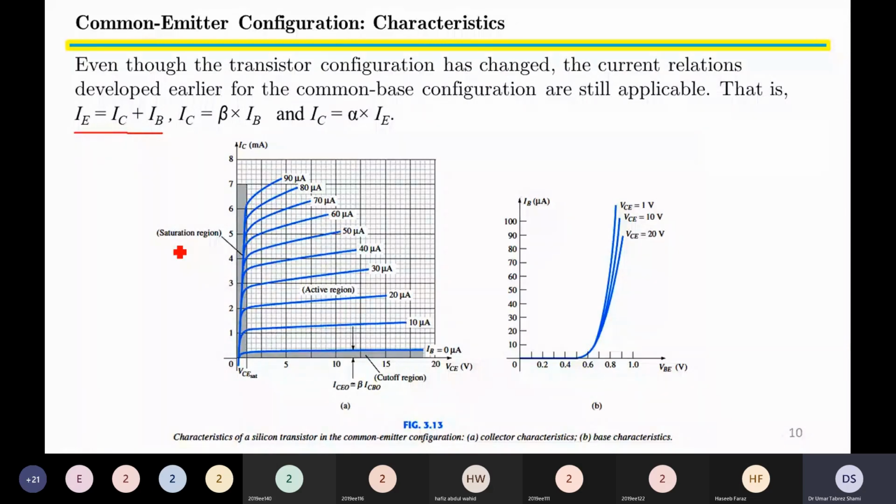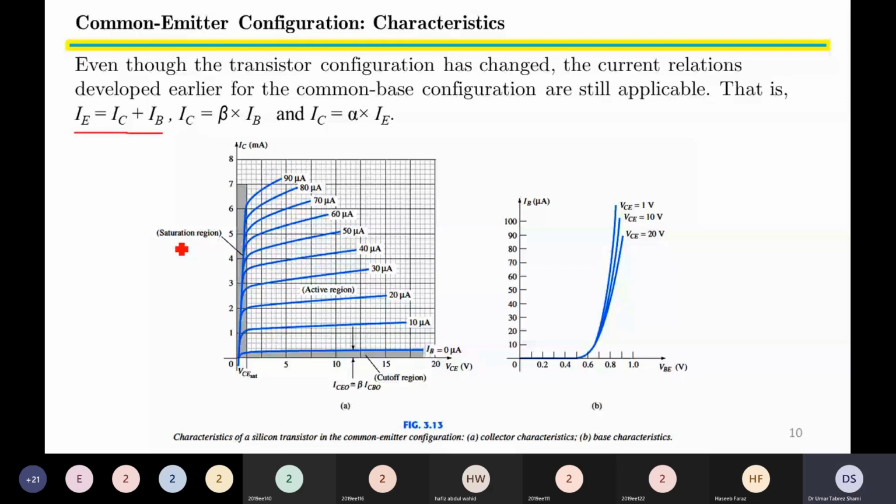Emitter current is equal to the collector current plus base current. Secondly, the collector current is equal to beta times IB. That is, collector current is equal to the gain multiplied by the base current. And thirdly, the collector current is equal to alpha times IE. That is, the collector current can also be determined by the product of alpha multiplied by the emitter current.